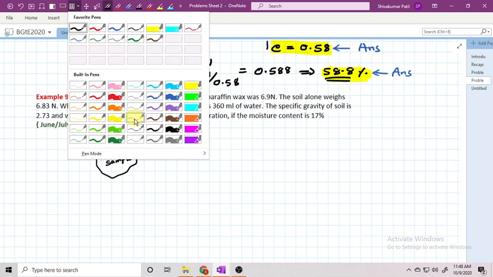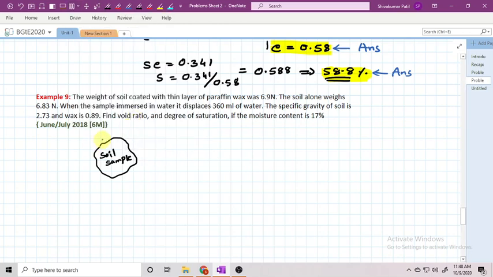So let me take this as coated with wax, and this is the soil sample.